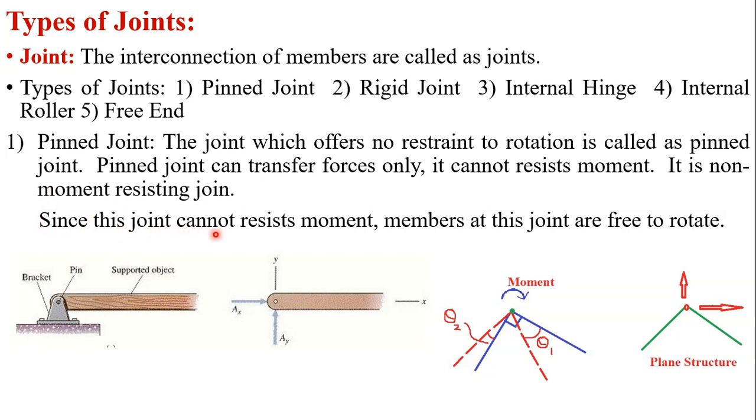Since the joint cannot resist movement, the members at this joint are free to rotate. Now, before discussing the joint, we must know the cause-effect relationship. Cause-effect relationship means if you apply a moment as a cause, then its effect is rotation.